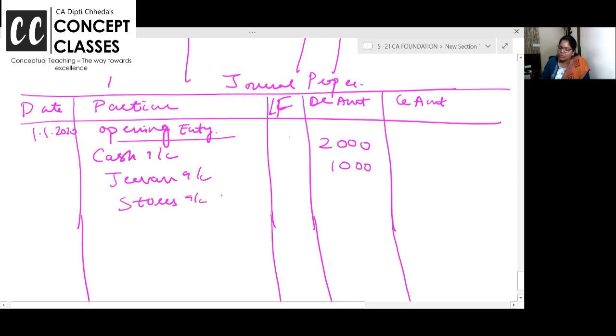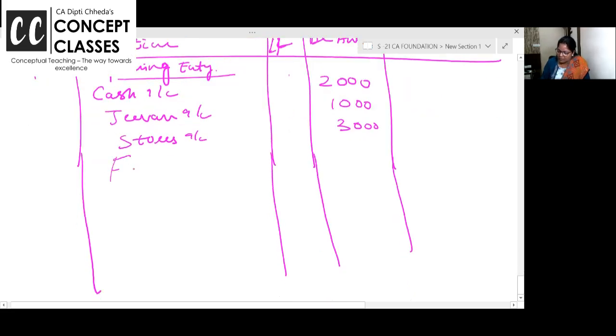Stores account debit. Furniture account debit. These all are assets. Now we have to pay to a party, a liability. To Kishore, 2000. And the remaining must be capital.